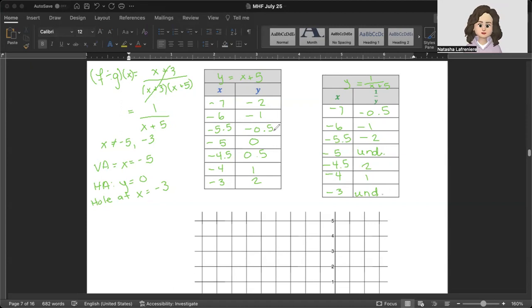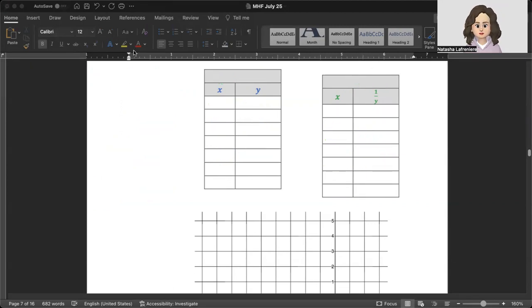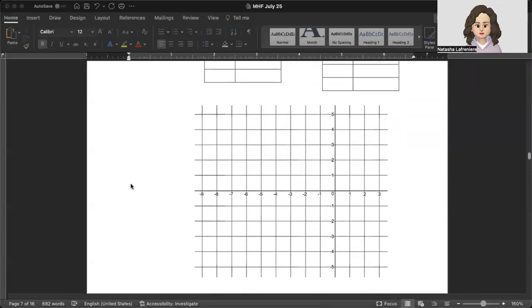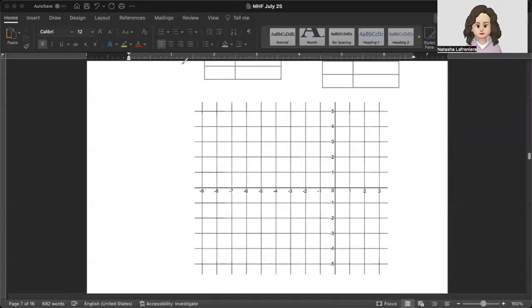Okay. So I'm going to graph that. So I'm going to have to clear this. So we've got our asymptote going at -5.